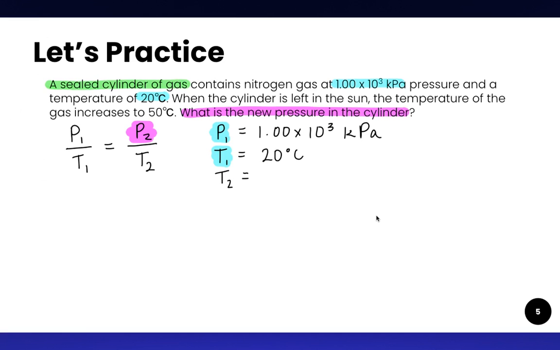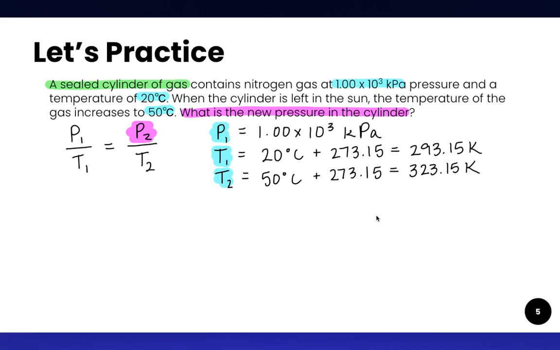That can be converted to Kelvin by adding 273.15, giving us 293.15 Kelvin. And then we have the final temperature after the cylinder was left in the sun, the final temperature is 50 degrees Celsius.